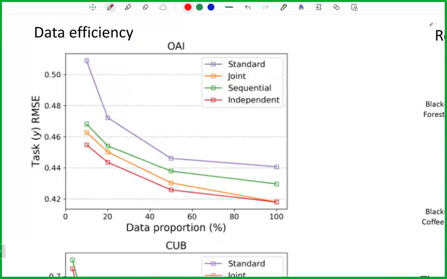The error is higher than the CBM errors, and when you use a small percent of the training data, which is the few-shot regime here, the CBMs are much better than the black box method. So they are saying that when the model is forced to focus on concepts, the data efficiency is better. You learn more with fewer examples.